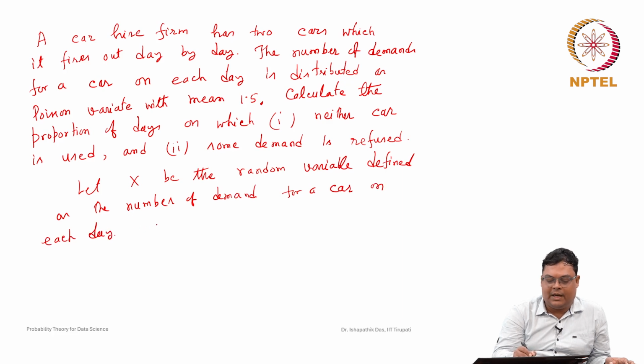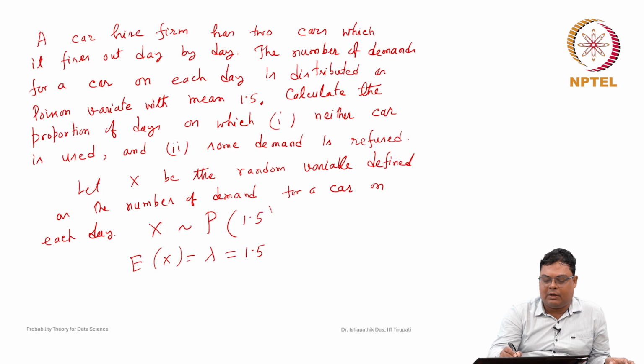It is given that X has a Poisson distribution with parameter lambda, which is the mean. We know that whenever X is a Poisson random variable, the expected value of X is equal to lambda. Here the mean is given as 1.5, so X is Poisson 1.5.